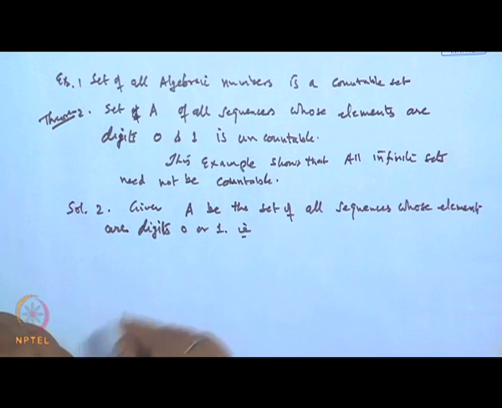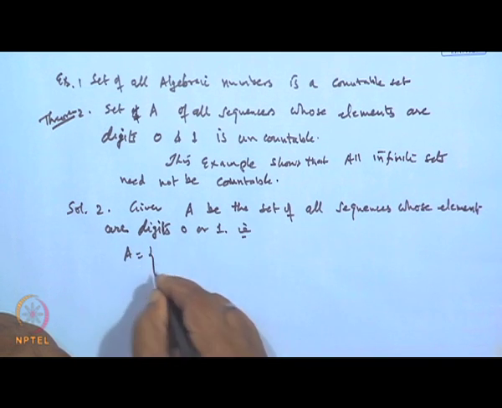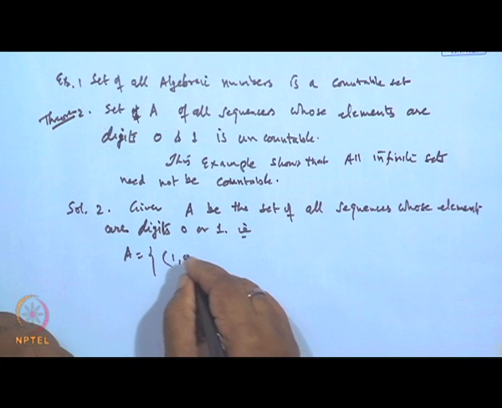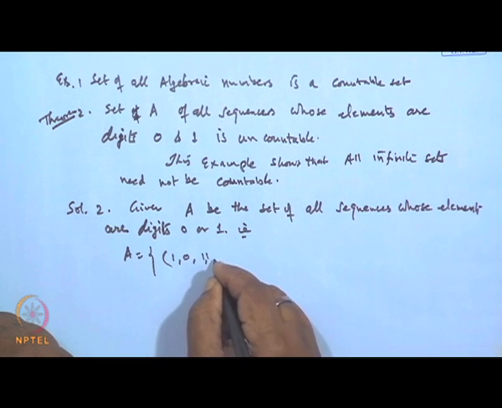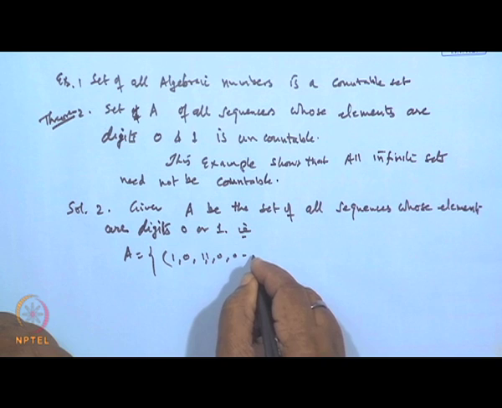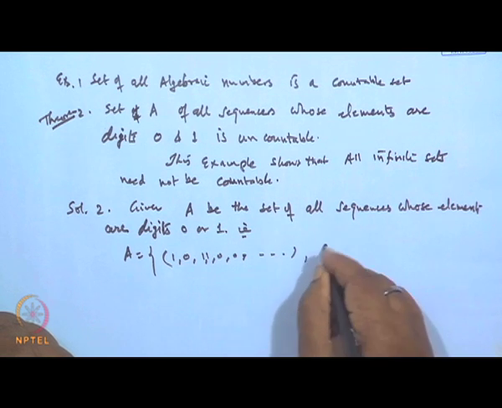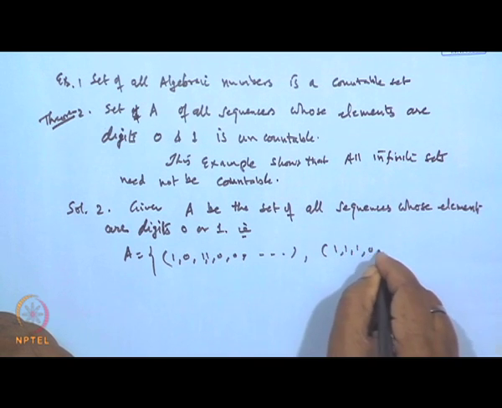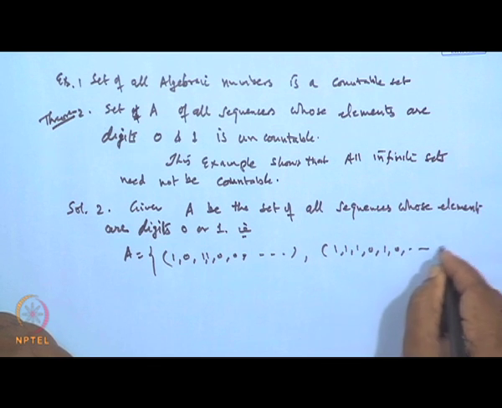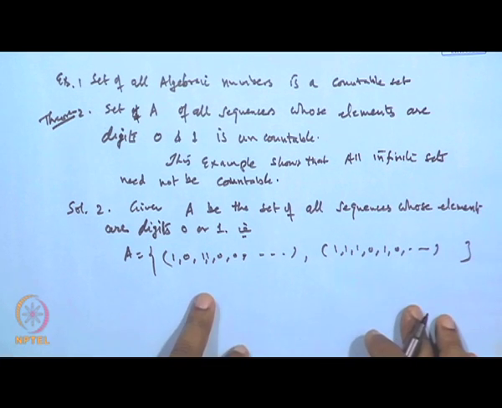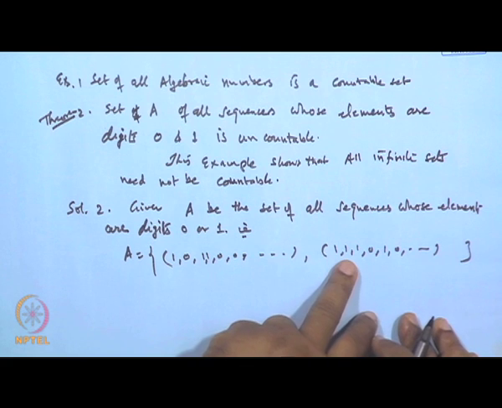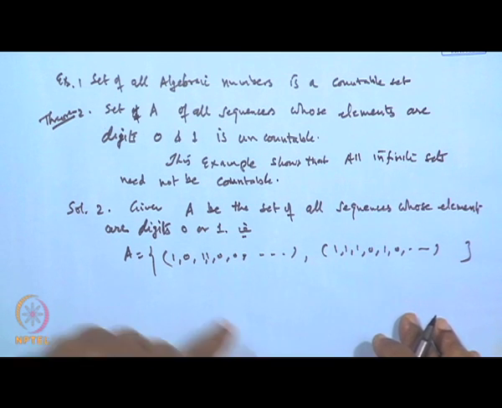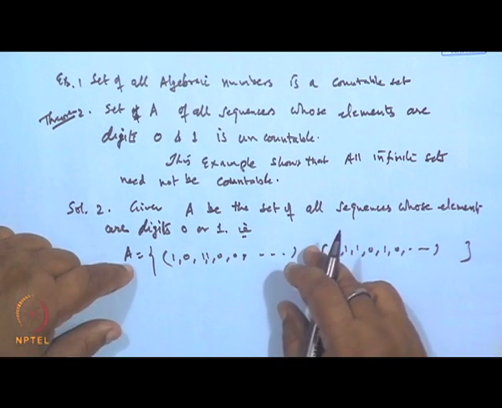That is, A will be a set of this type of sequence, say 1 0 1, or 1 0 0, or maybe 1 1 1 0 1 0, like this. These are all infinite sequences where the digits are either 0 or 1. We claim that this set will be an uncountable set.